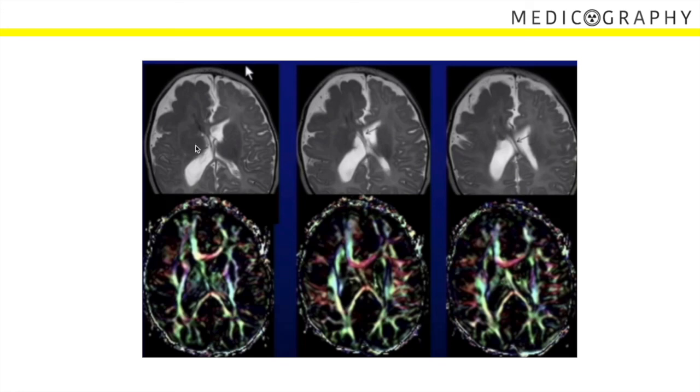So on the big side, there are cortical abnormalities and a big ventricle. This is a hemimegalencephaly. But the important thing is, not the hemimegalencephaly itself, but if you can see there is a tract here that is abnormal. This is called hemimegalencephaly and aberrant white matter tract.